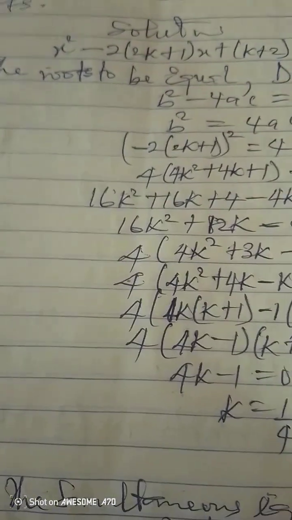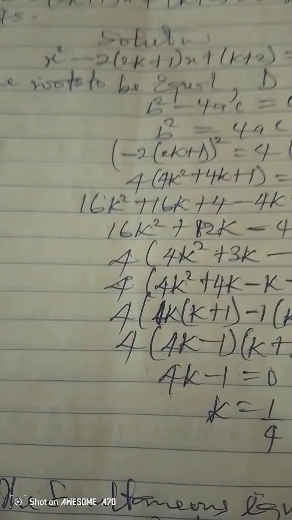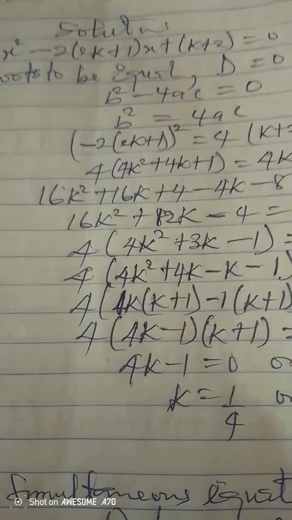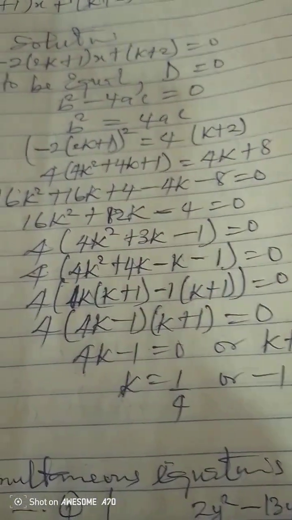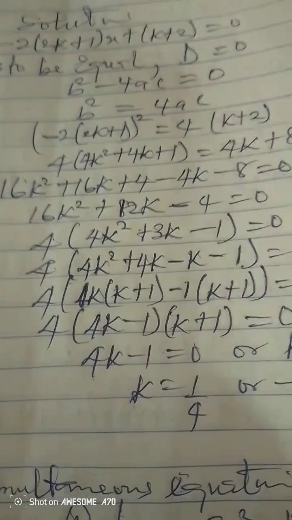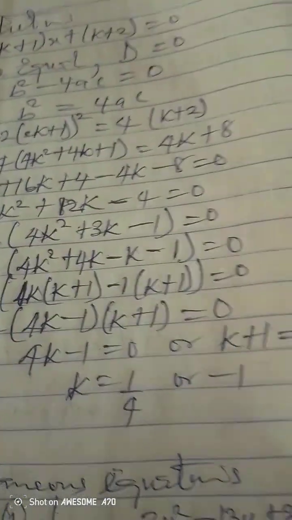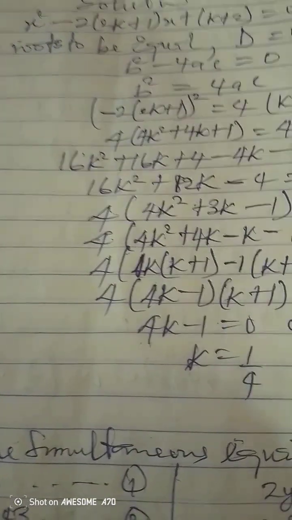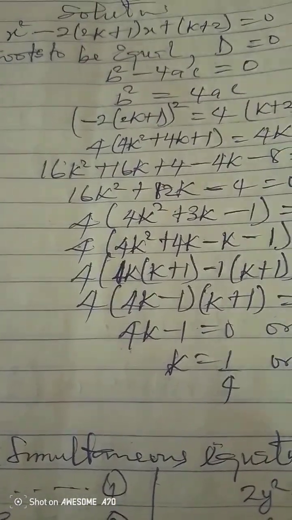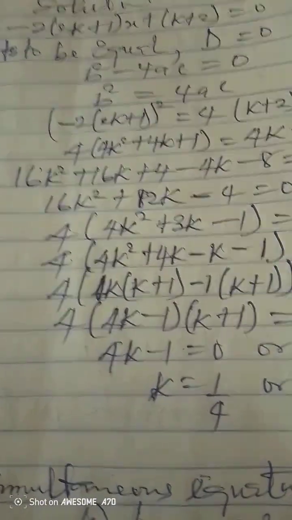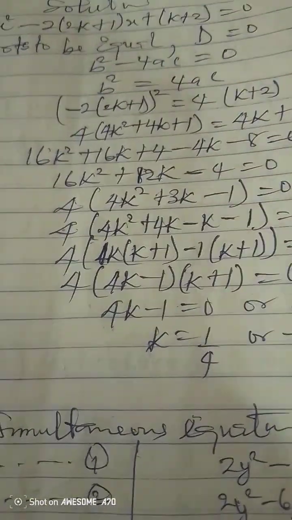Opening the bracket, we have 4 times (4k squared plus 4k plus 1) equals 4k plus 8. So we have 16k squared plus 16k plus 4 minus 4k minus 8 equals 0. That gives 16k squared plus 12k minus 4 equals 0.